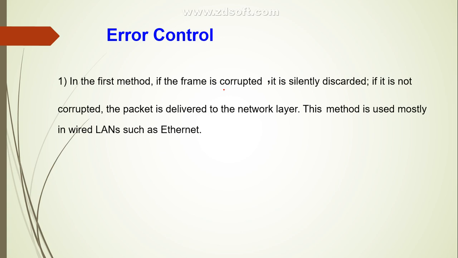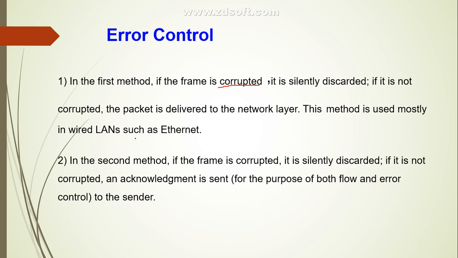In the first method, if the frame is corrupted, then it is silently discarded. And if it is not corrupted, then the packet is delivered to the network layer. This method is used mostly in wired LANs, such as your Ethernet. This is the first method.